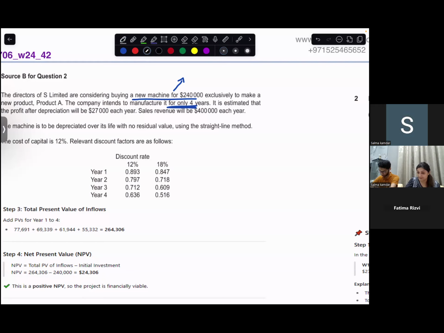No, the profit after depreciation is 27,000. I asked, the asset is worth how much? The asset is worth 240,000.